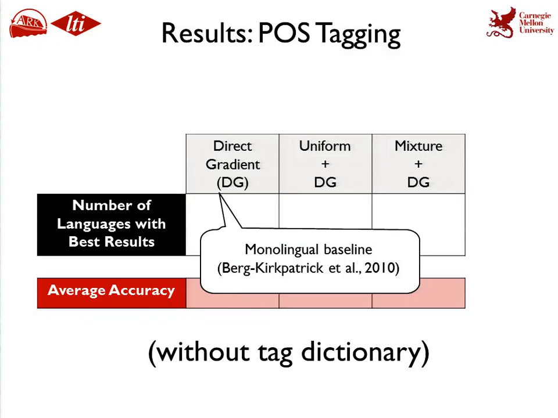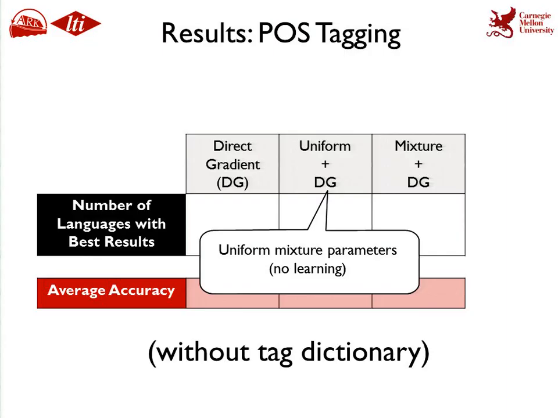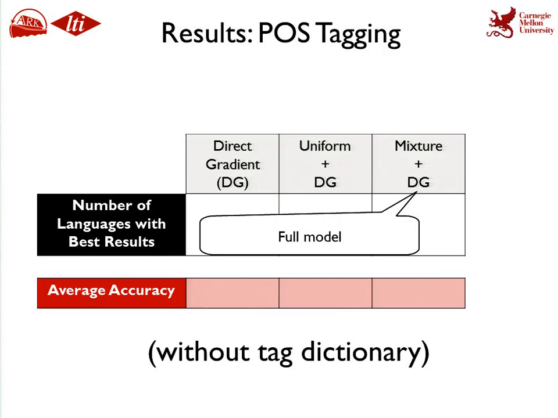The second is uniform mixture parameters, where we don't learn the betas at all: we just take uniform betas and do interpolation. In every case, we do coarse to fine expansion and then initialize and do EM again.